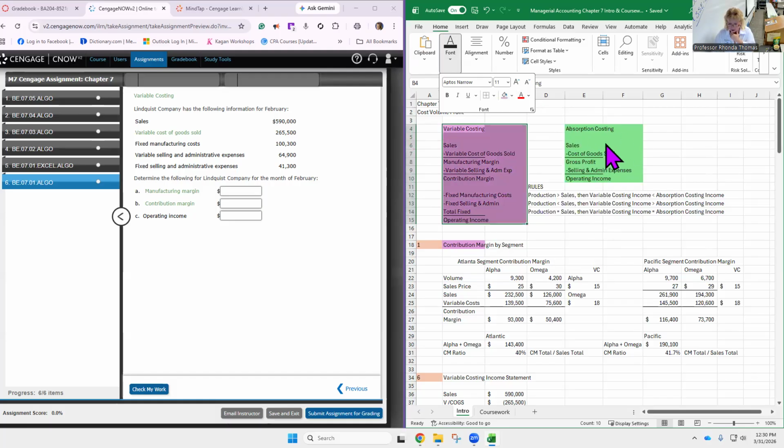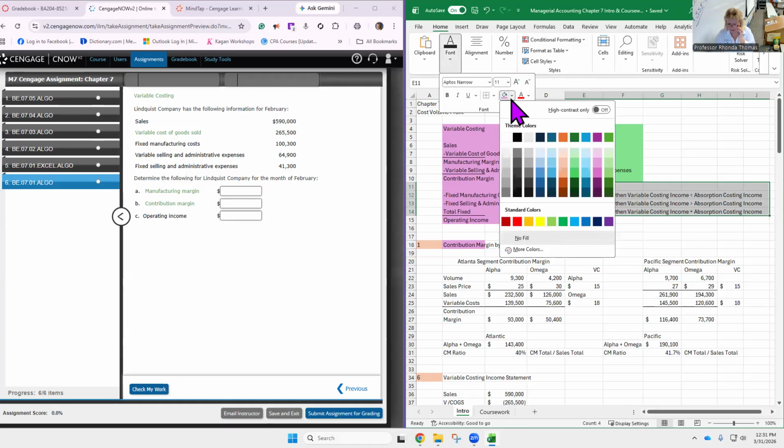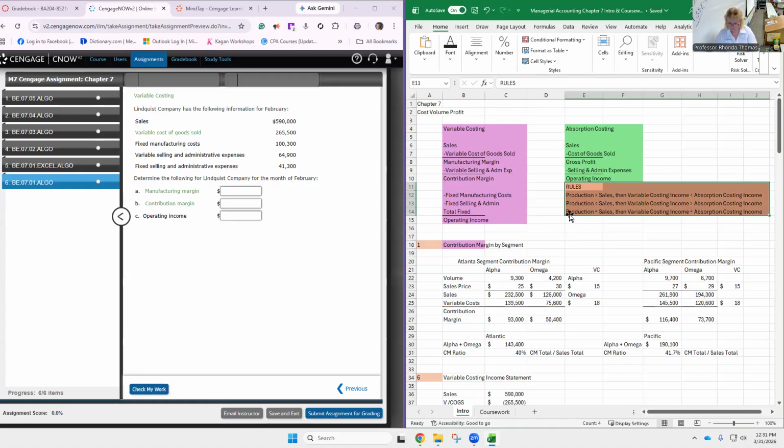Here is our old absorption costing, and then these are some rules that we need to learn. It would help if you put this to memory. I know it may sound a little weird, but there's a chance that we will get into this.